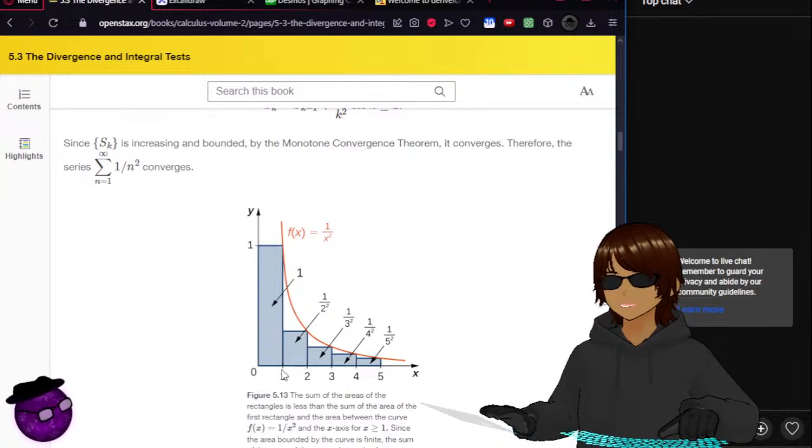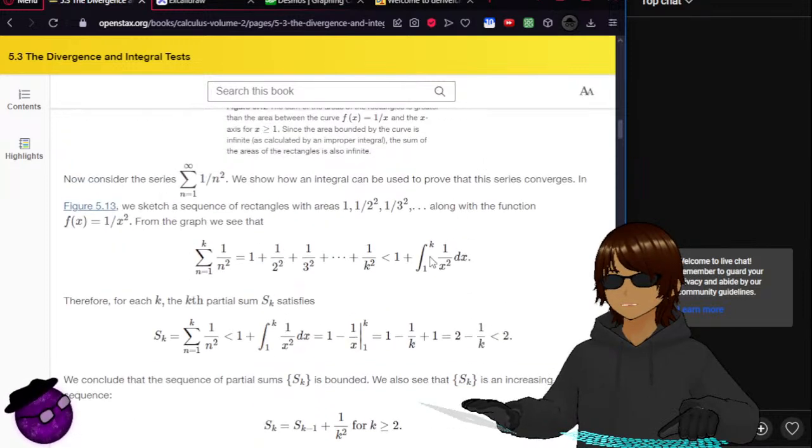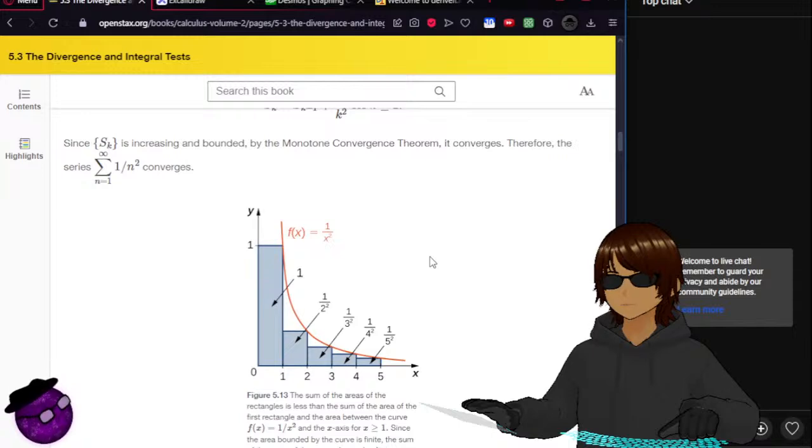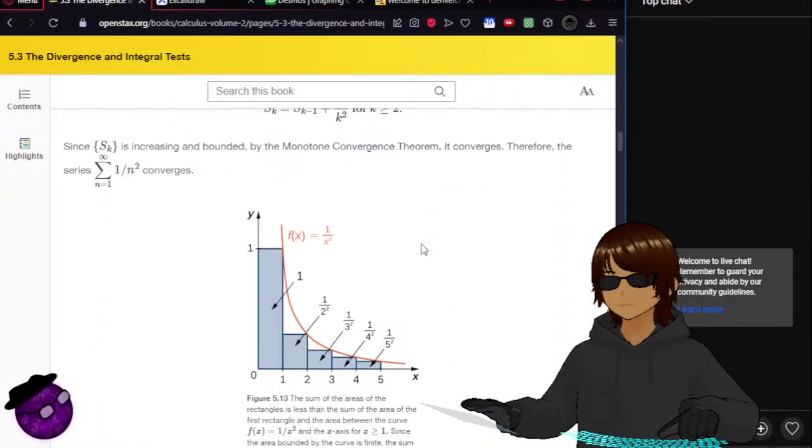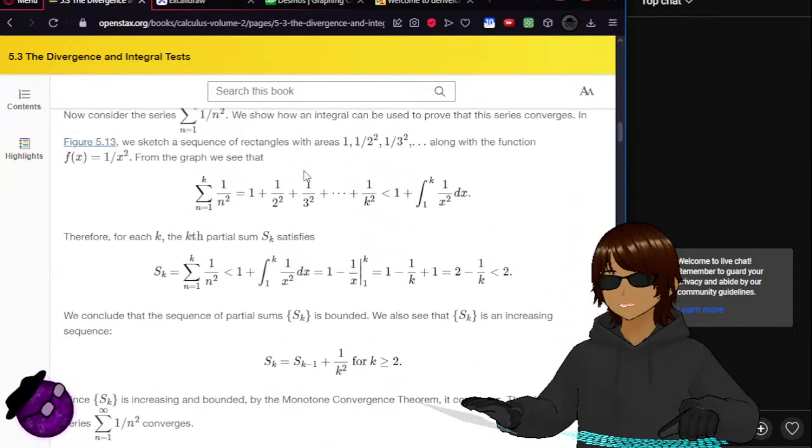They do 1 plus, they don't do k plus 1. I think this sum should either be the Riemann right sum or the Riemann left sum.